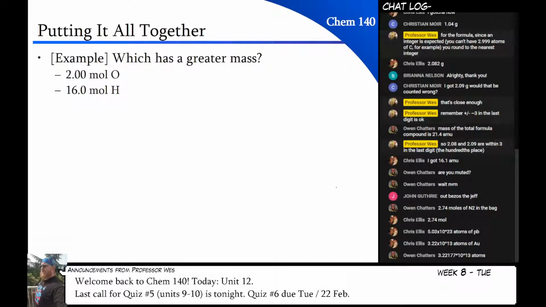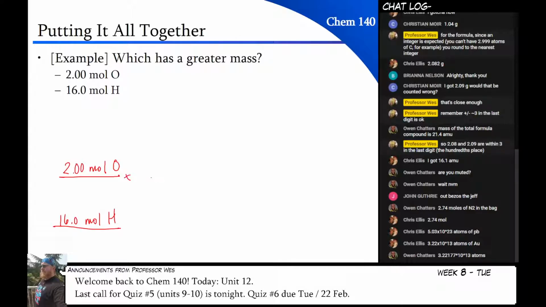Which of these is a bigger mass? I just have quantities of moles here, so let's turn these into grams and see which one has a bigger mass. So 2 moles of oxygen and 16 moles of hydrogen.